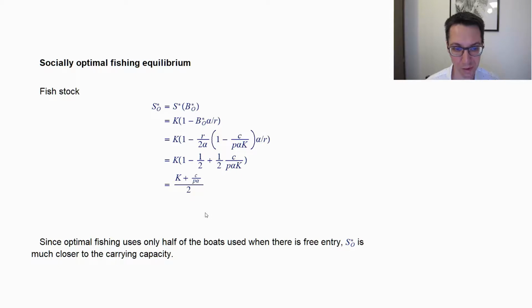So what do we find? Well, contrary to the previous stock, which, if you remember, was simply C divided by P alpha and was purely a function of the industry and the catching efficiency alpha, so the boats really didn't care all that much about the stock.